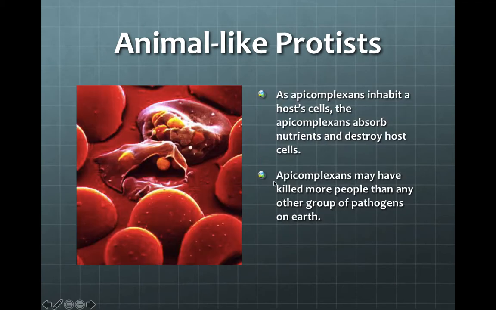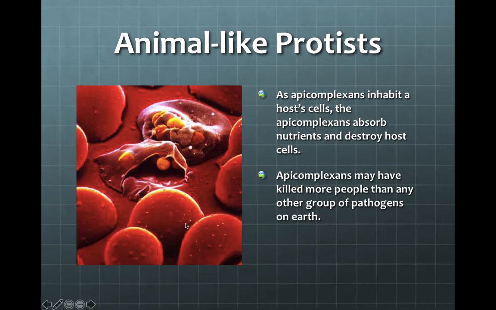So, all right, as apicomplexans inhabit a host cell, they absorb nutrients and destroy host cells. Apicomplexans may have killed more people than any other group of pathogens on Earth.